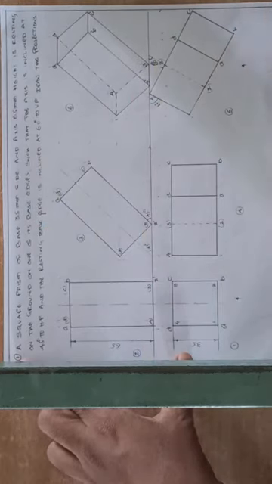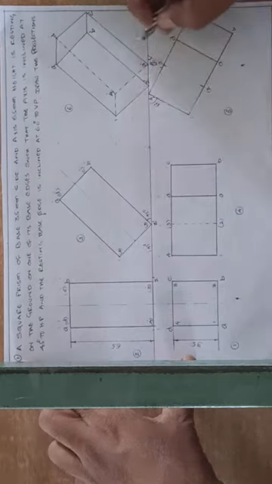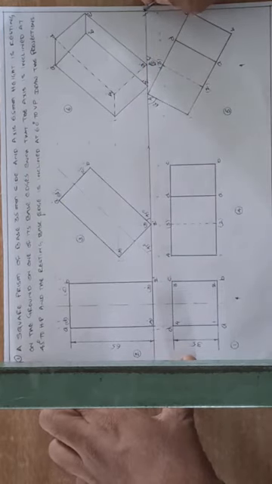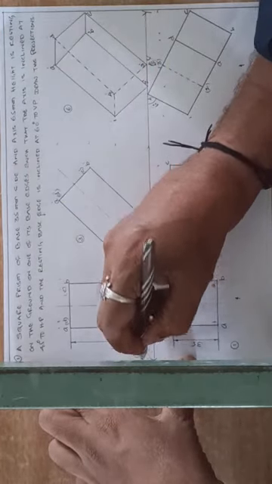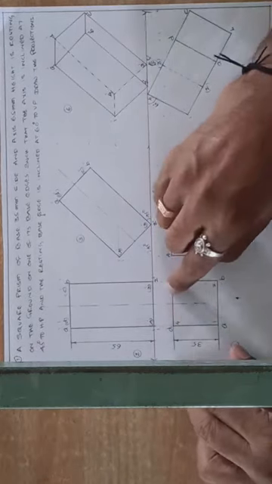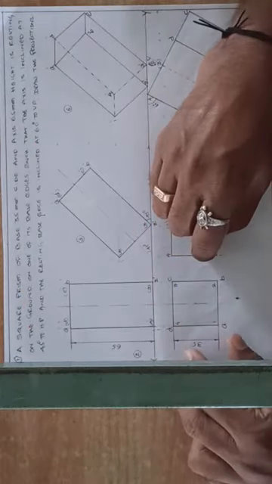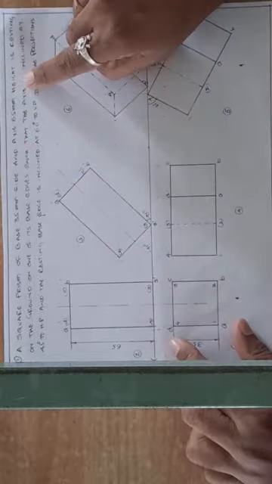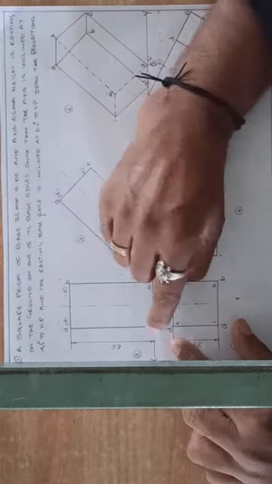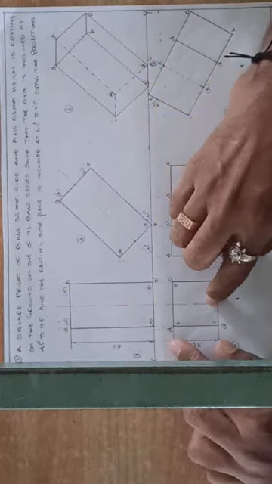First draw the XY line, reference line, and from the XY line at any distance, say 15-20 mm, exact distance not necessary. So start the top view, mark the notations, then draw the projections upward, and here the axis length is 65 mm, it is resting on HP, and draw the top view and front view.